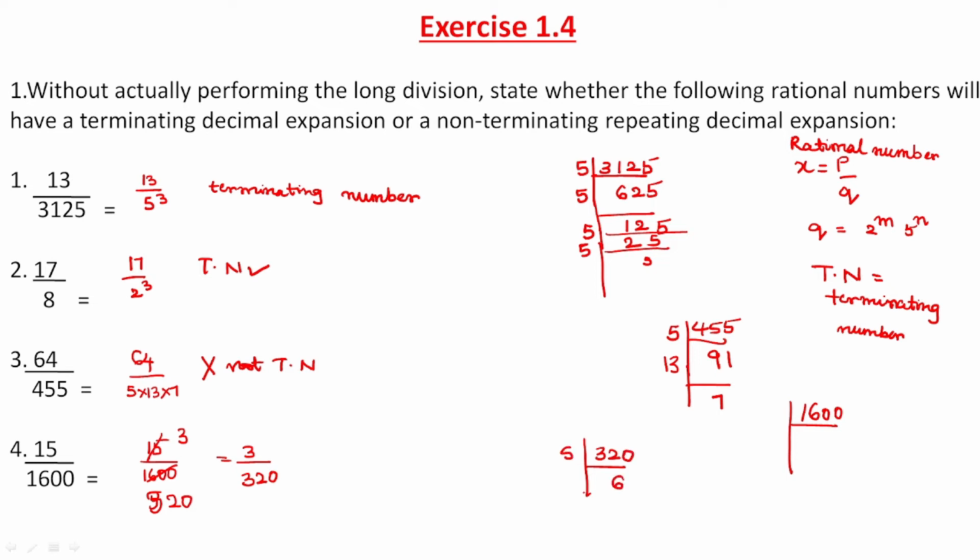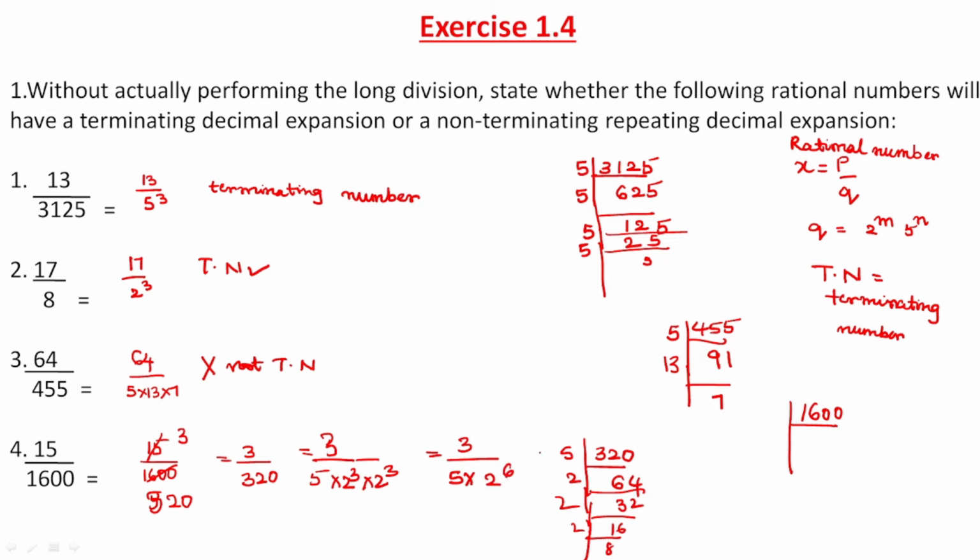5 times 64 is 320, and 2 divides it, 2 32s are 64, 2 16s, 2 8s, and this is 2 cube. So this can be written as 3 upon, we have one 5 and you are having 2 to the power 6.